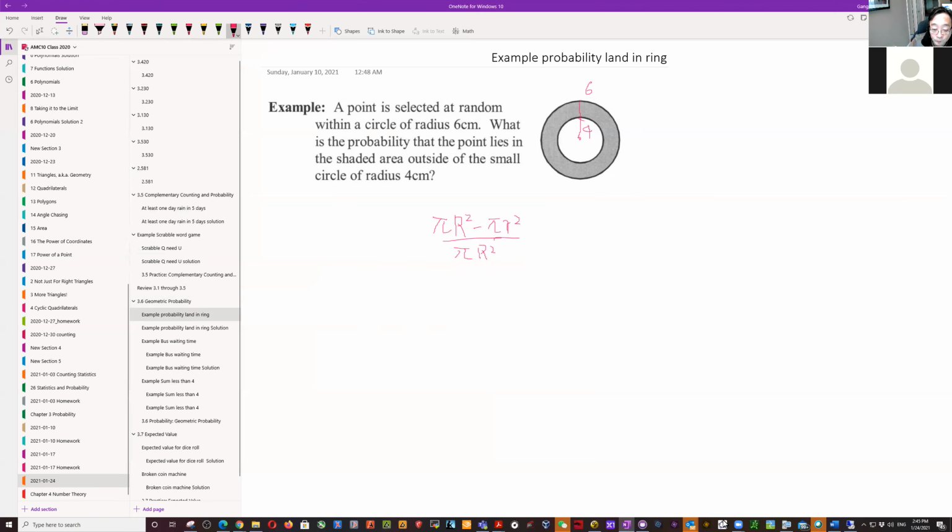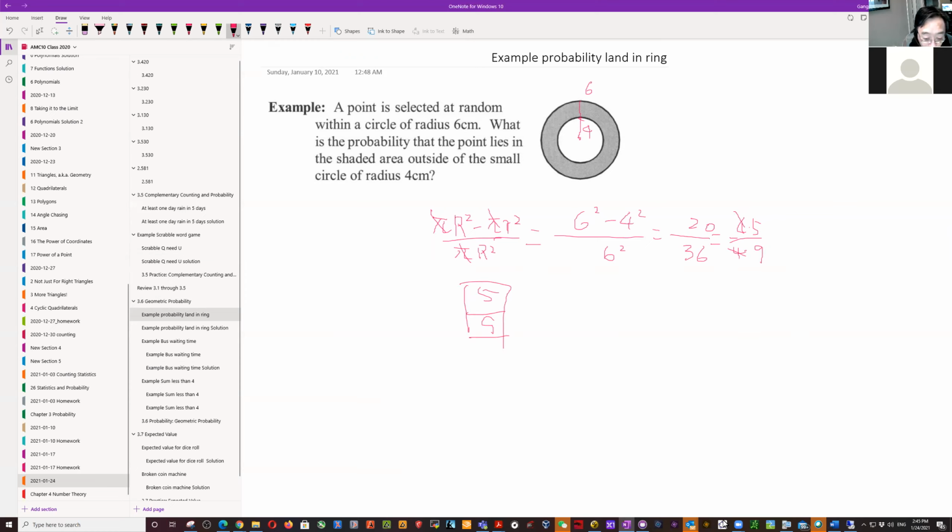So we can cancel all the pi, so we don't have to deal with the irrational number. So this is 6 square minus 4 square, which is 20, over 36. 4 multiplied by 5 and 4 multiplied by 9. So 5 out of 9 is going to be the answer.